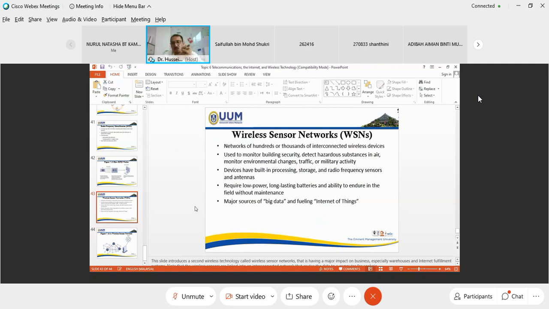So what is a WSN, or wireless sensor network? It is a network of hundreds or thousands of interconnected wireless devices. We put them, for example, in the desert, or at country borders.